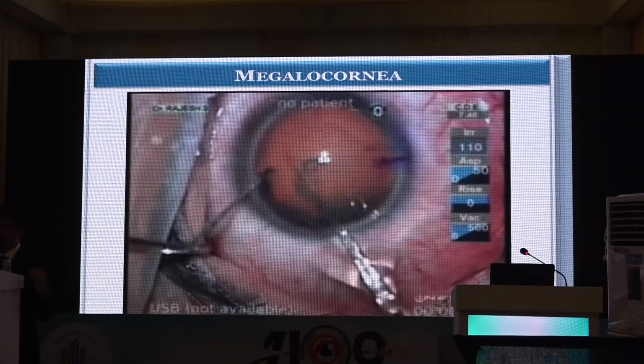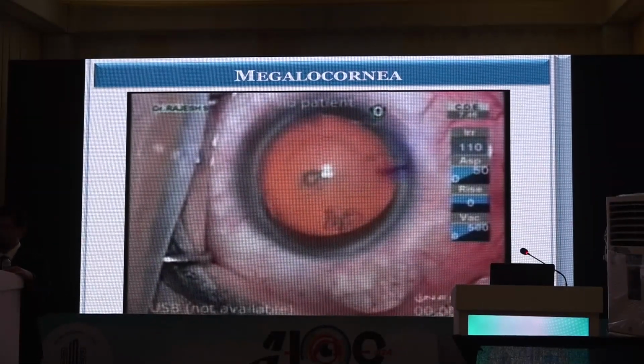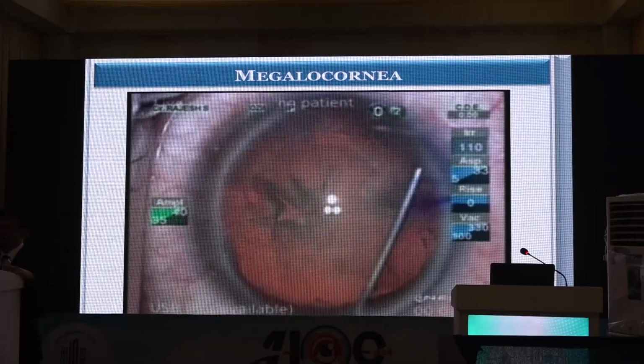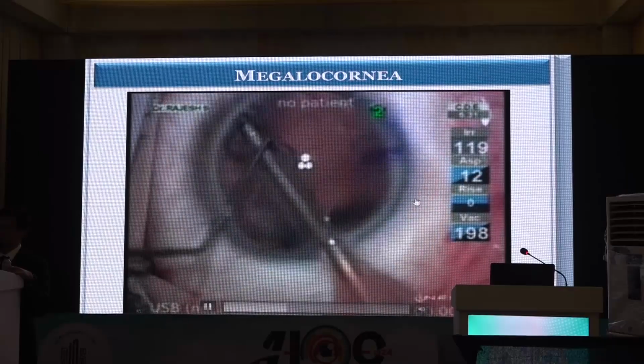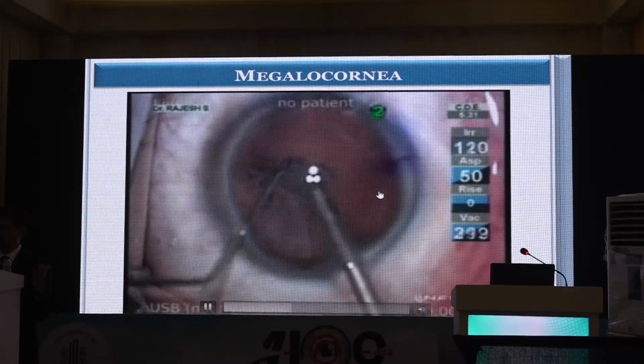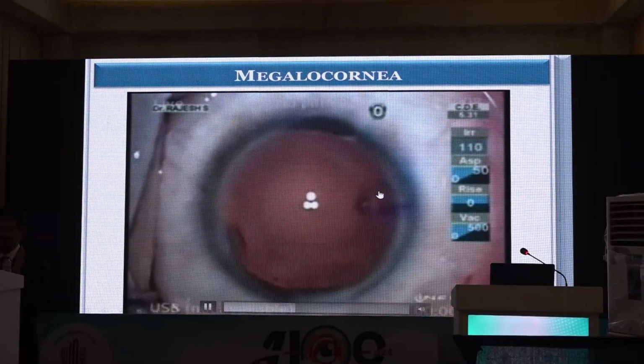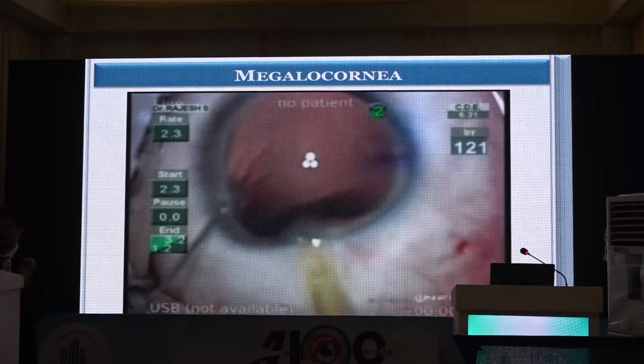Then the patient was referred to us, and we found out that he had megalocornea. From there we learned what to do. In such cases, the best thing is to put the IOL in the bag and do a reverse optic capture along the axis.